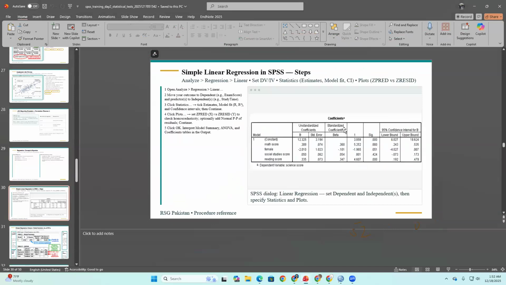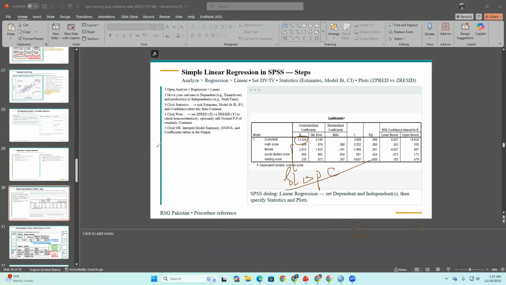You have constants. Listen, the constant is always your intercept. This is your intercept in any equation, and the rest of them will act as a slope.